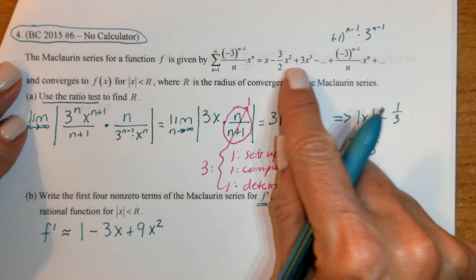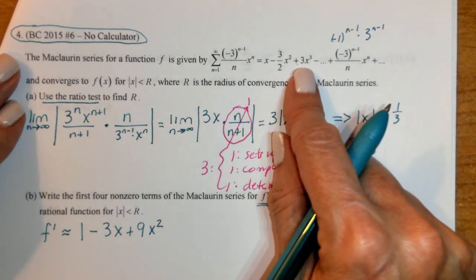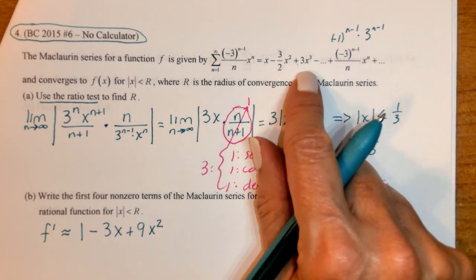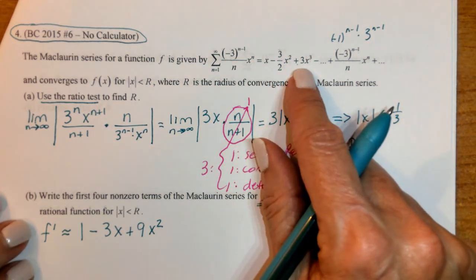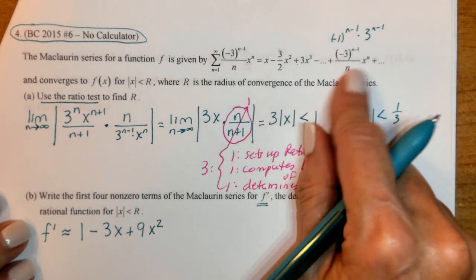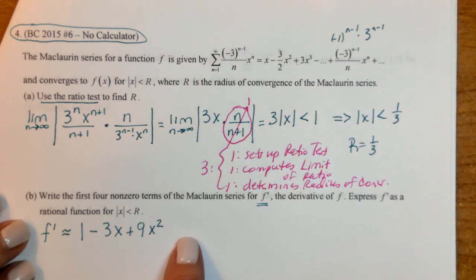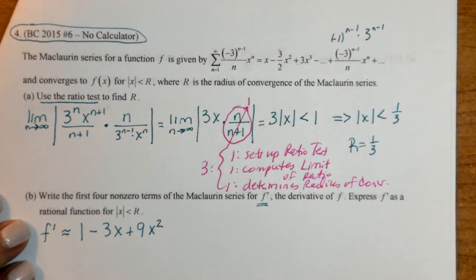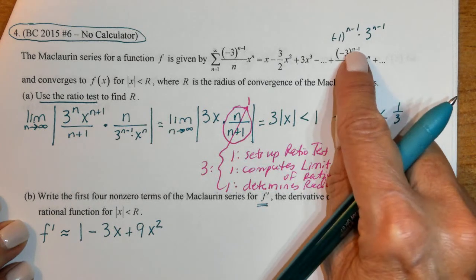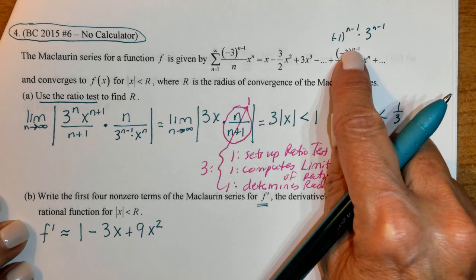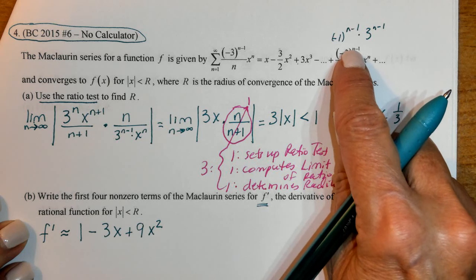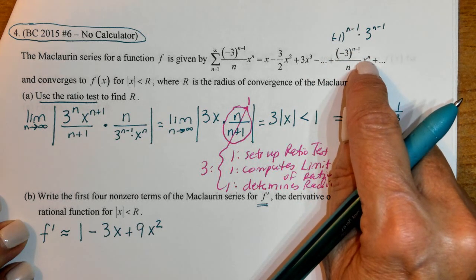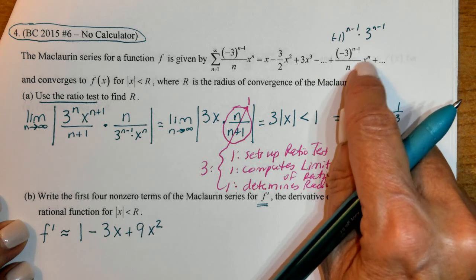The reason we may not be able to tell right off is because they simplified as they went. If they hadn't simplified, it would be easier for us to tell. If you're in doubt what the next term is, then we can use this, where n would be 5, right? Because 5 minus 1 is 4. Actually, I'm sorry, n would be 4, because we'll have x to the n.